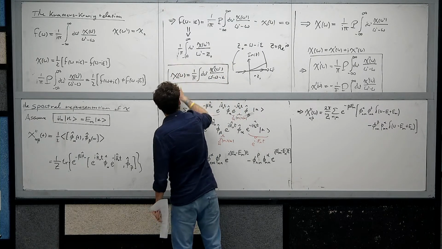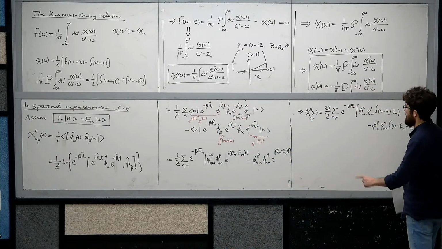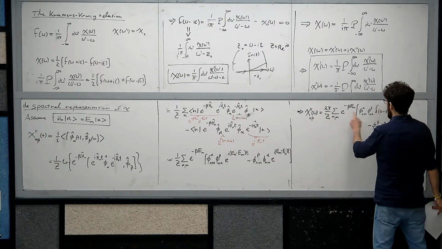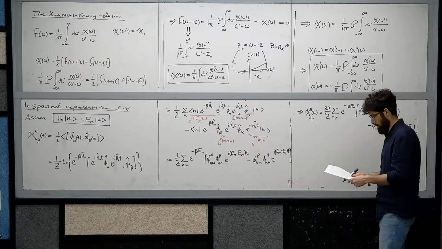No, I think you're right. So if we plug this in here, you see that chi double prime of omega is a bunch of delta functions, so it's a very fun integral to do.